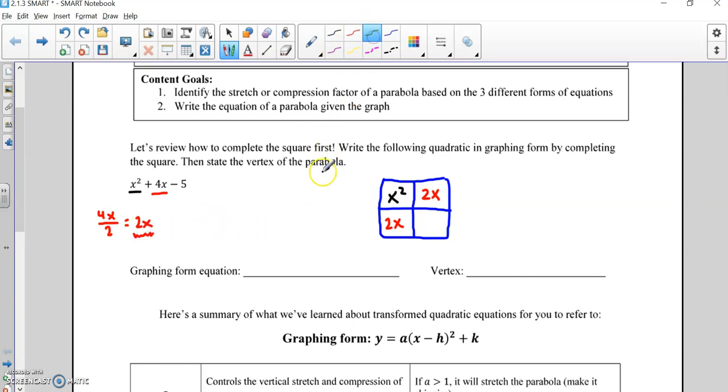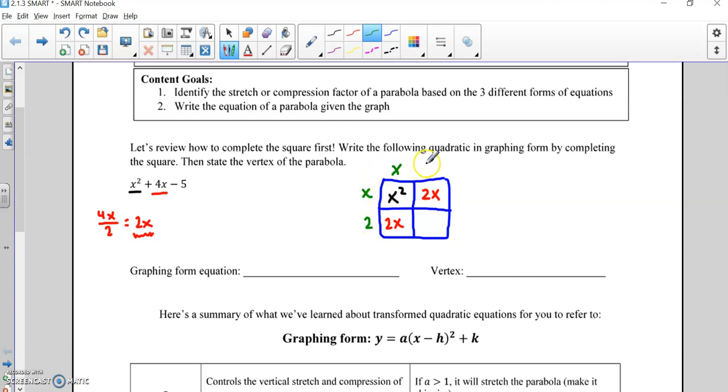Once we get to that point, we have to fill out the outside of the box so we can figure out what's in the fourth box. Of course here and here we know x times x equals x squared. And then here we know that x times 2 would give us this 2x, so that tells us to put a 2 here. And when we're completing the square, these two sides should always be the same.